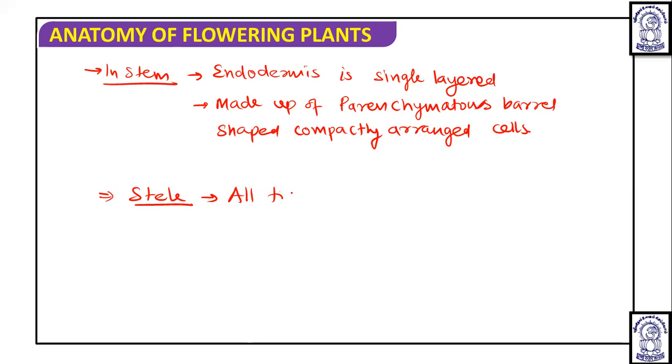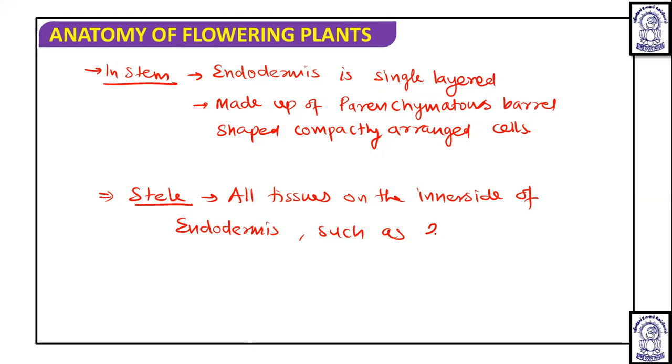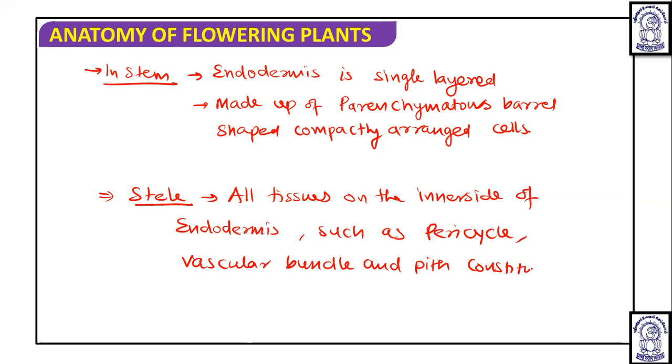So all tissues on the inner side of endodermis, such as pericycle, vascular bundle, and pith, constitute stele.